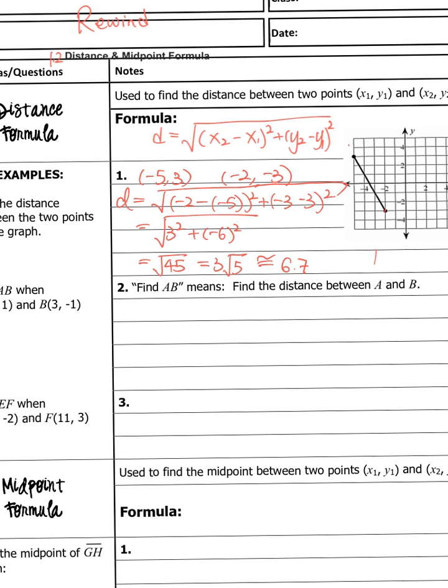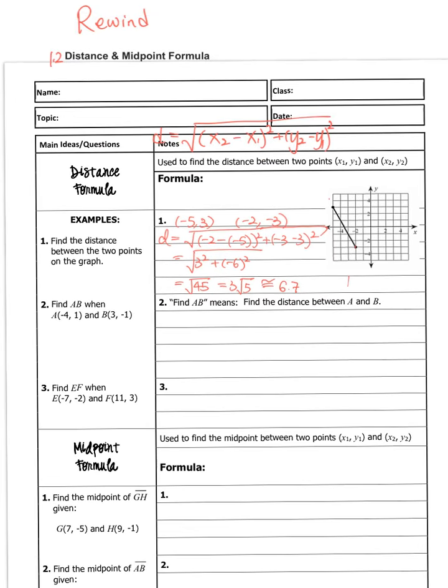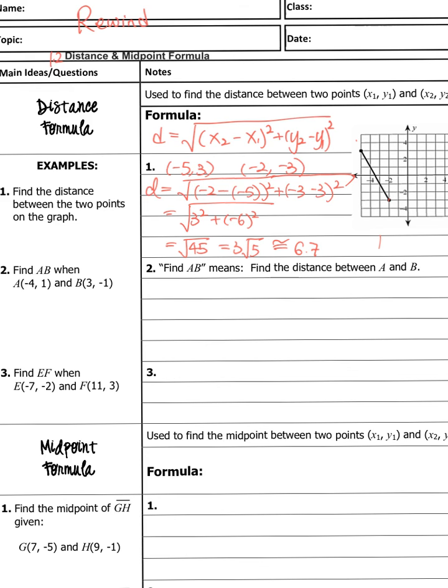So the next question here is find the distance between A and B when A is -4, 1, and B is +3 and -1, and you do the exact same thing. So now you have two coordinates, so simply plug it in. It doesn't matter which one is x1, y1, which one is x2, y2, as long as you're consistent.